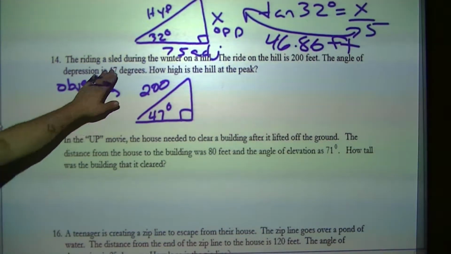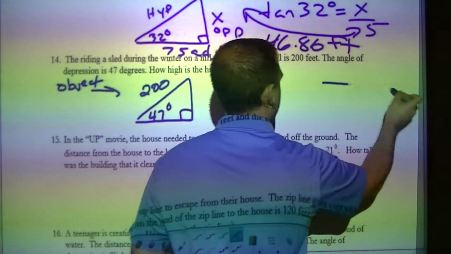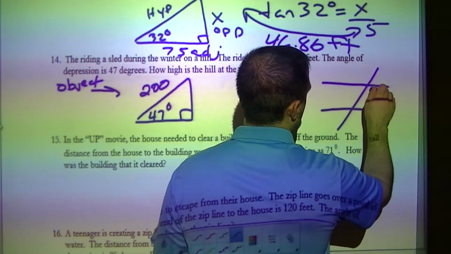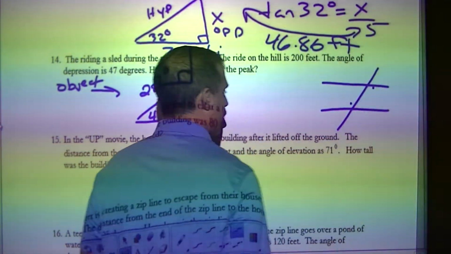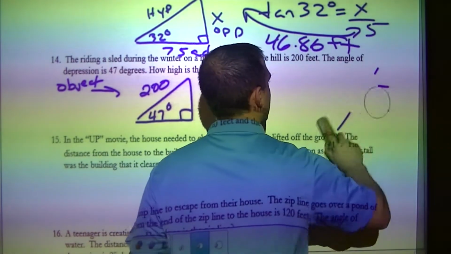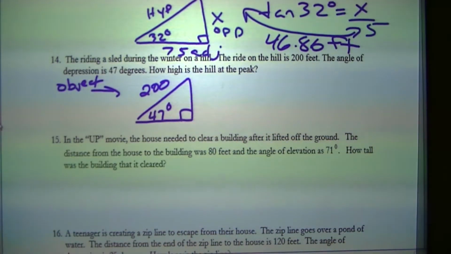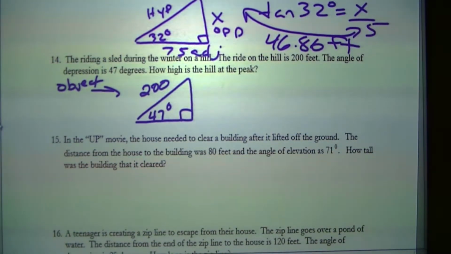Don't get confused. 47 does not mean here. They're referring to this kind of parallel line relationship. All you really need to know is if they say depression or elevation, that's the angle there. It says how high is the hill at its peak.